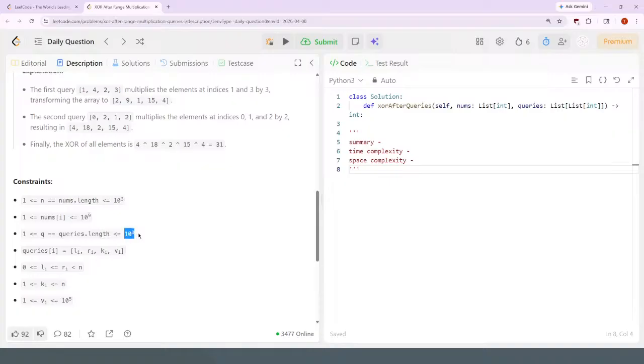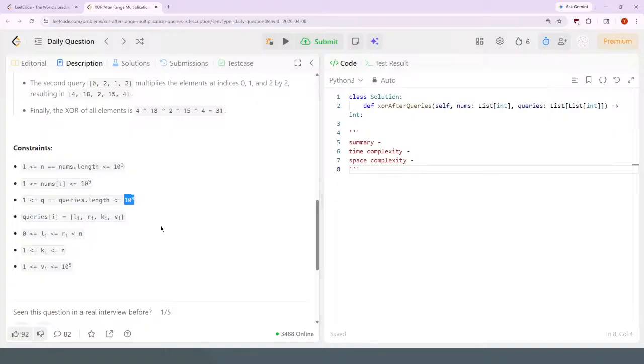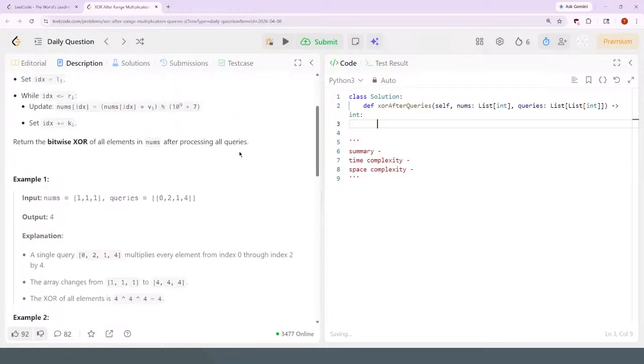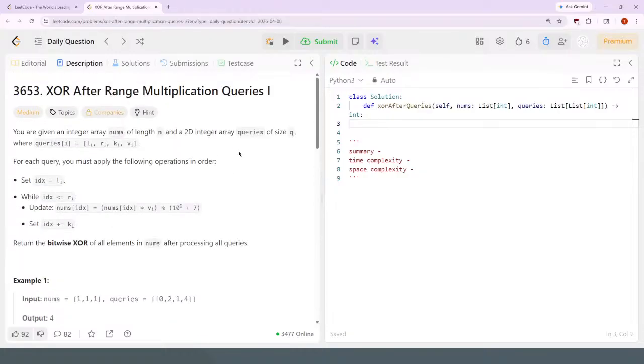So the query length is 10 to the third. The range of values in the query is 10 to the third as well. So 10 to the third times 10 to the third is 10 to the 6th. That's 100,000. Okay, I'm going to try just the basic thing, which is to actually compute everything and see if that's too slow.